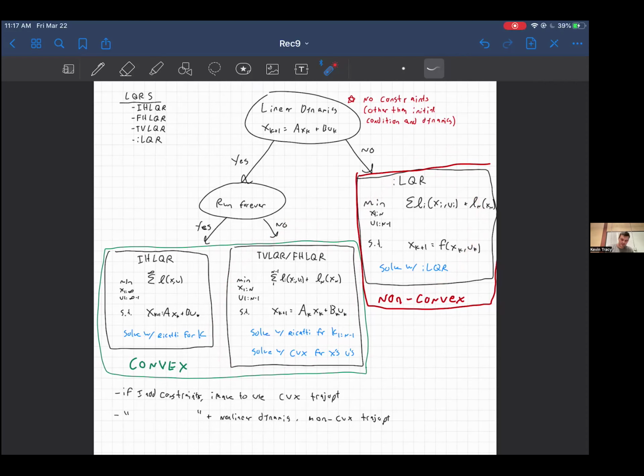So in all these scenarios, I don't have any terminal constraints, right? I only have terminal costs. The assumption I made was that the only constraints I have are initial condition and dynamics. I do not have a terminal or a goal constraint. So what that means is that I won't be exactly at the goal.